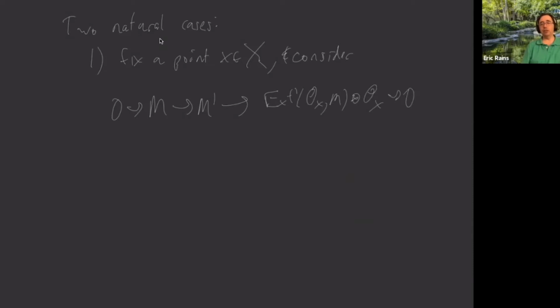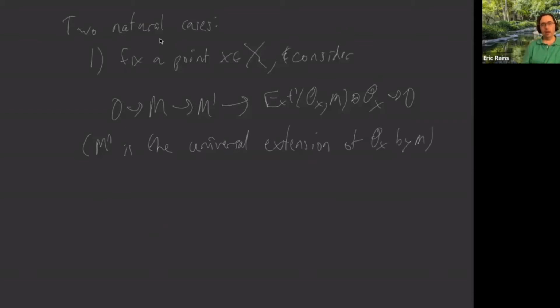So in other words, this is the universal extension. So M prime is the universal extension of this point sheaf by M.